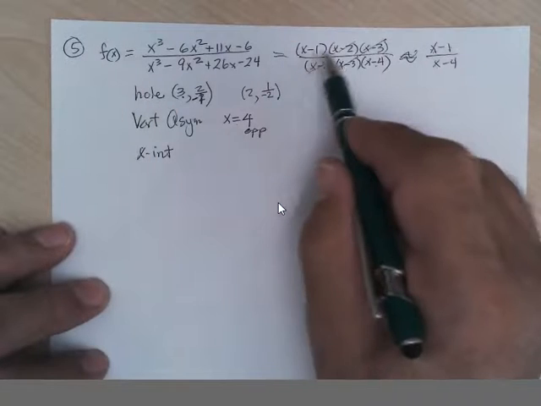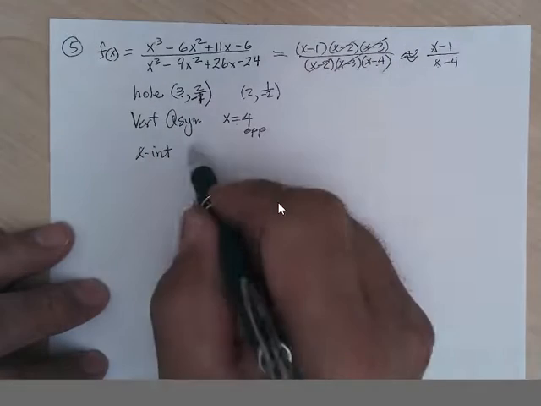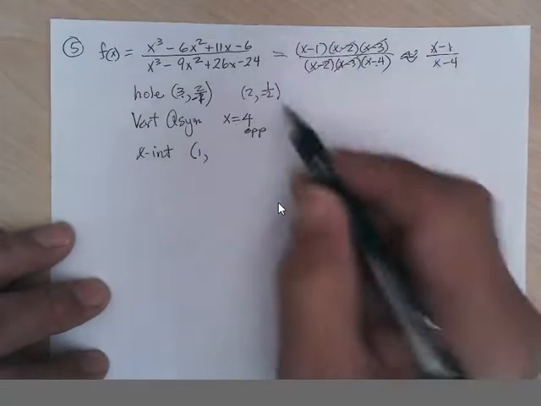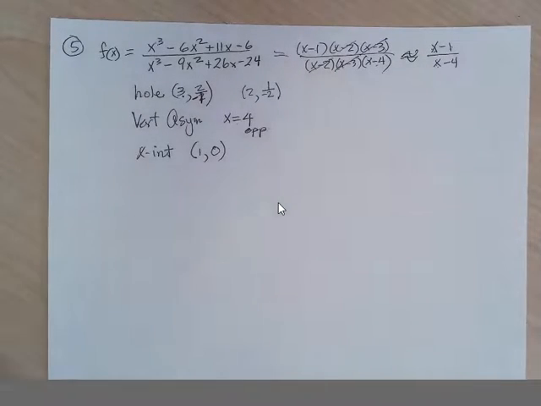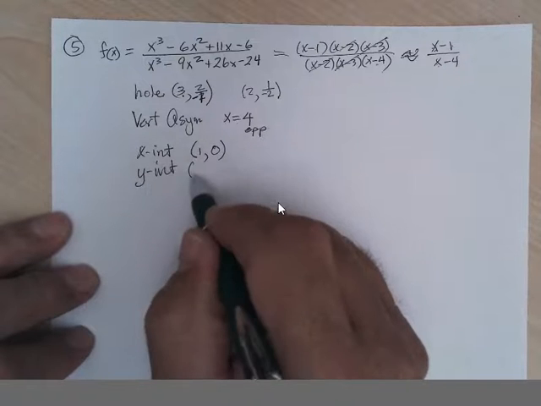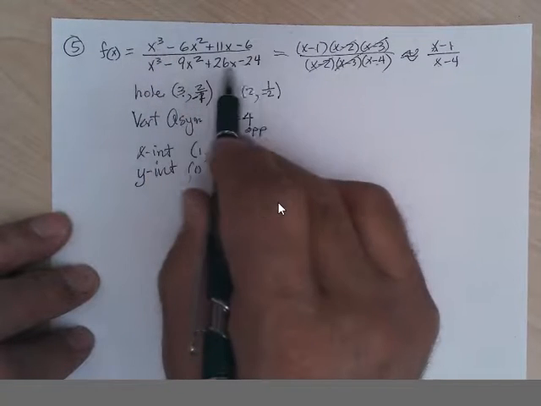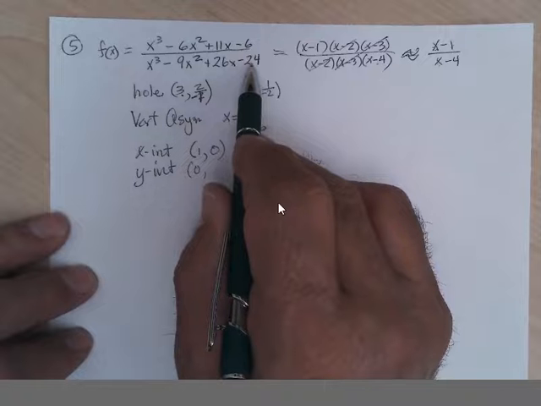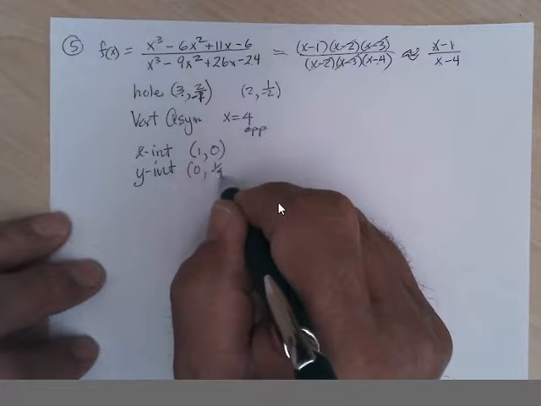That's whatever makes the numerator equal to 0, excluding the hole, so that would be at 1, and x-intercepts are always 0. So there's only one x-intercept. There's a y-intercept. When we put 0 in for x, we get negative 6 over negative 24, which is 1/4, positive 1/4.